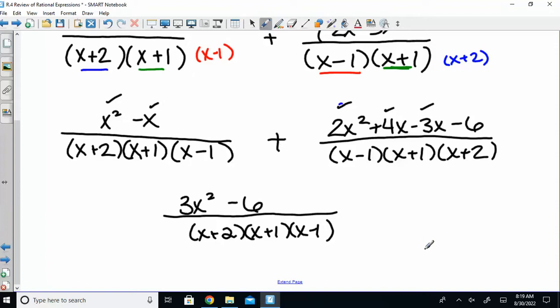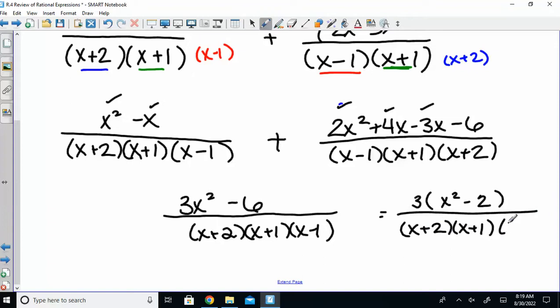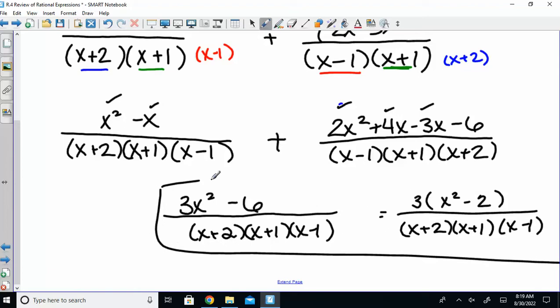We could take out a 3 on top. Can you factor x squared minus 2 anymore? No. So I would accept either of these answers. If we were going to factor out a 3 and something canceled, I'd want you to do that. Nothing canceled, so I'll take either one.